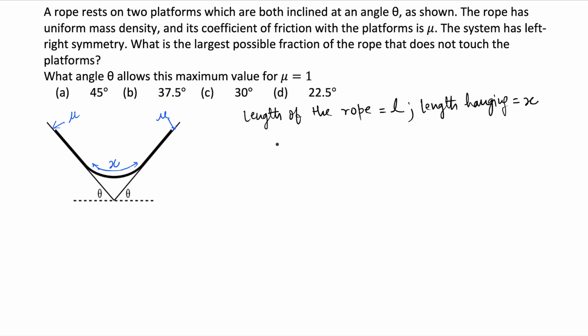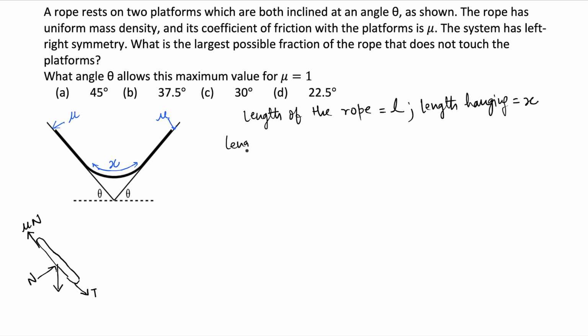And now let's draw the free body diagram for the rope which is on the platform. So let's say this is the rope which is on the platform. There is a friction here and a normal force. So let's say this is the normal force. Weight is acting downwards and the friction force is mu N. And let's assume that there is a tension T. What is the length of the rope that is on the platform?